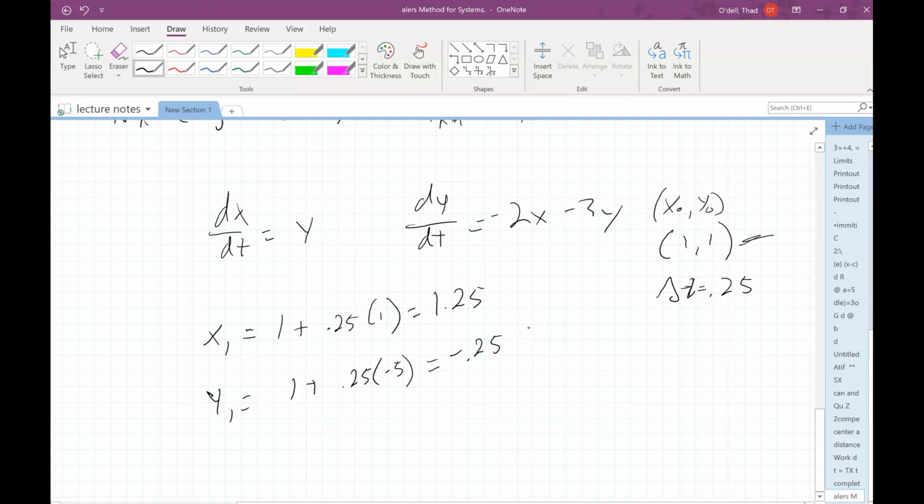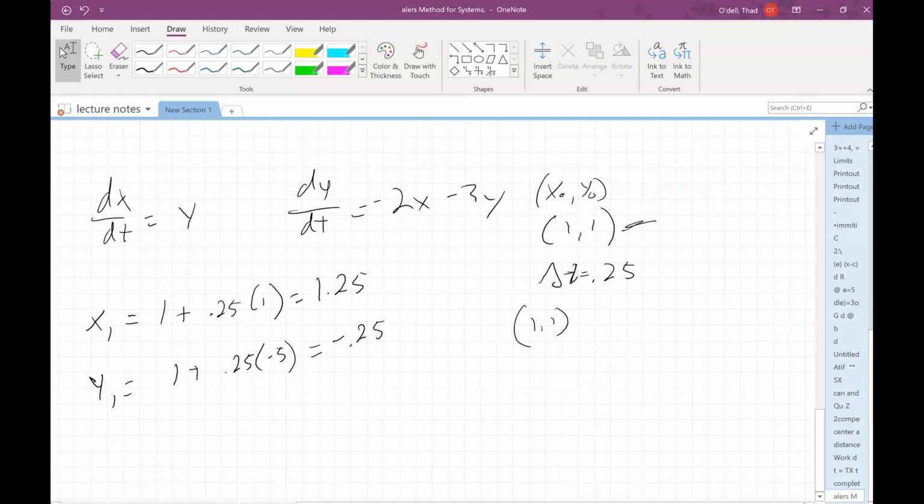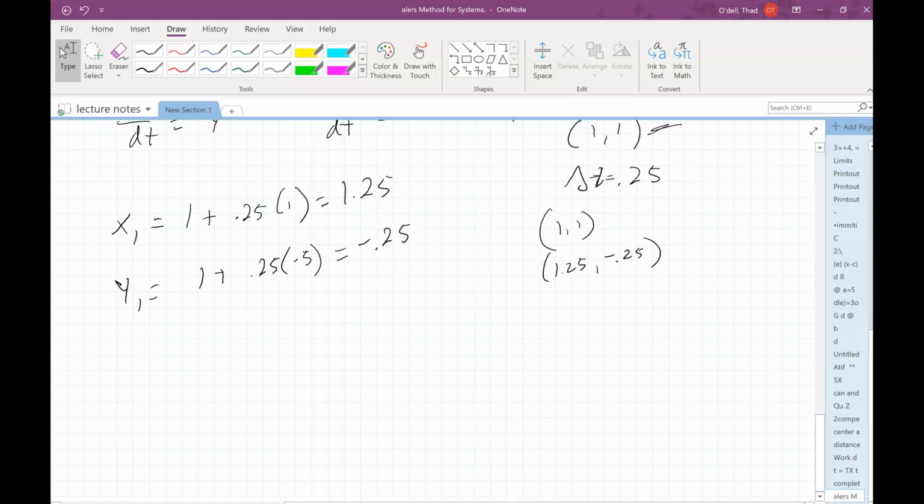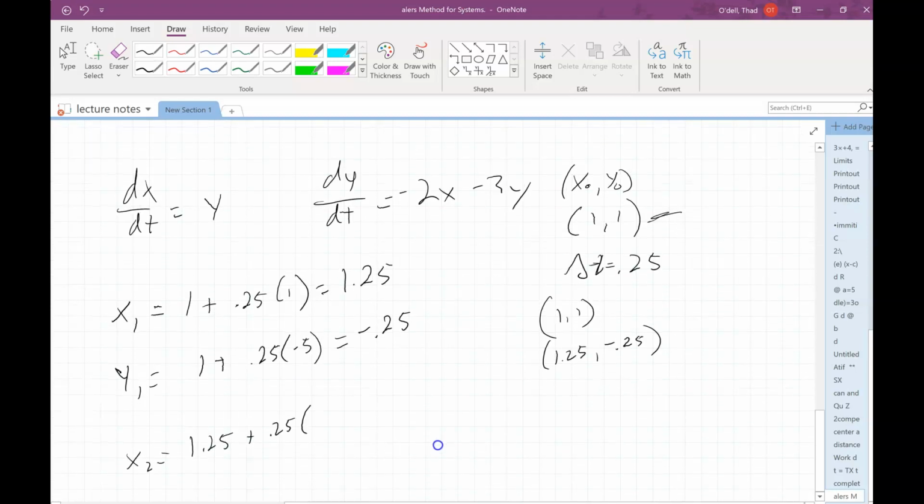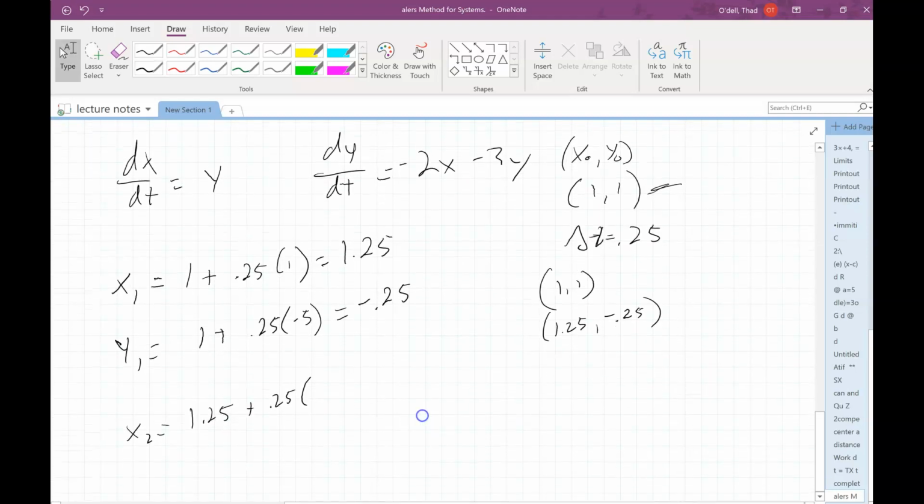So my initial point was 1, 1. And then my next point was 1.25, negative 0.25. Let's do one more iteration of this. So if I want to know what x of 2 is, that's going to be 1.25, because that was my x coordinate of x of 1, plus 0.25 times dx/dt evaluated at this point.